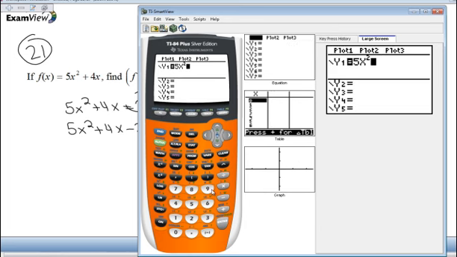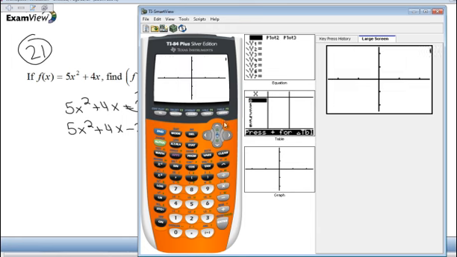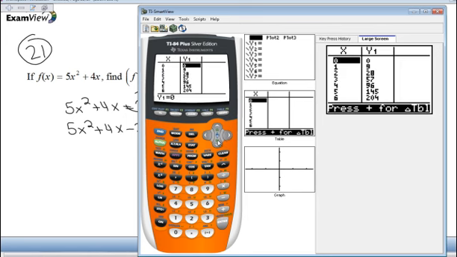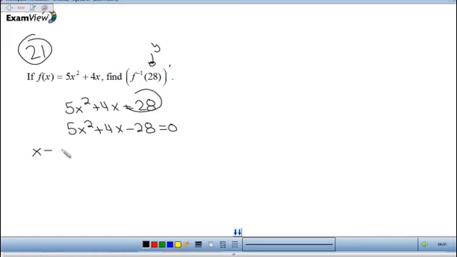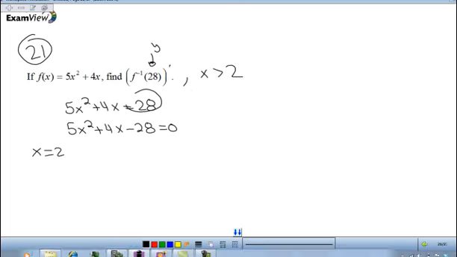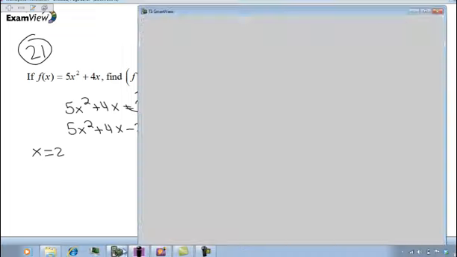5x squared minus 4x. So we're going to use our table to find when the y value is equal to 28. So when y is 28, x is 2. And I'm going to say I want x to be greater than 2. So you're going to have two values.